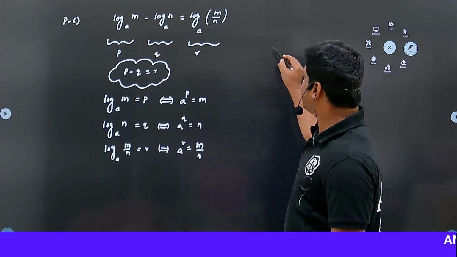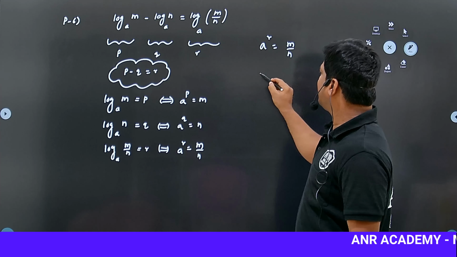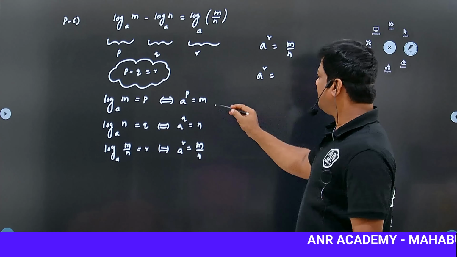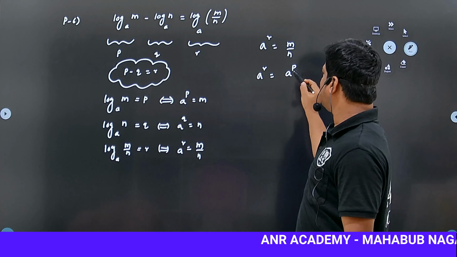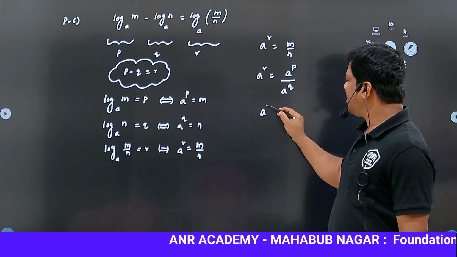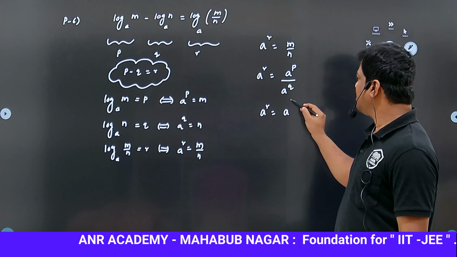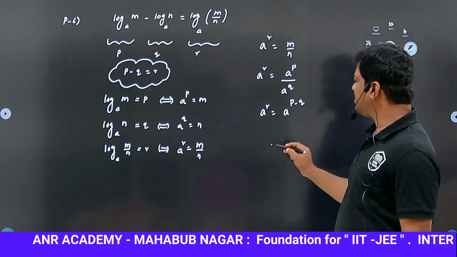Now let us observe a power r. You have m divided by n. A power r equal to m by n is nothing but a power p divided by a power q, so I can write a power p minus q.